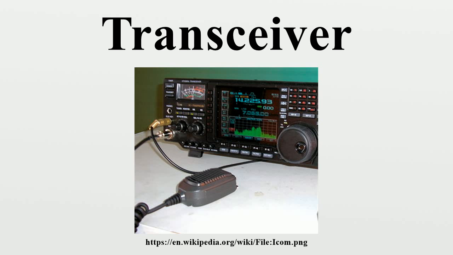Radio technology. In radio terminology, a transceiver means a unit which contains both a receiver and a transmitter. From the beginning days of radio, the receiver and transmitter were separate units and remained so until around 1920.